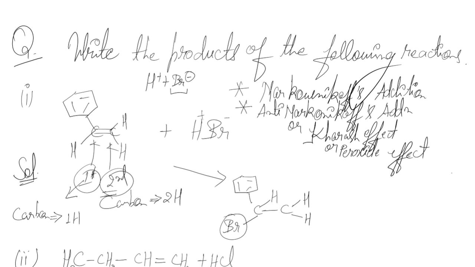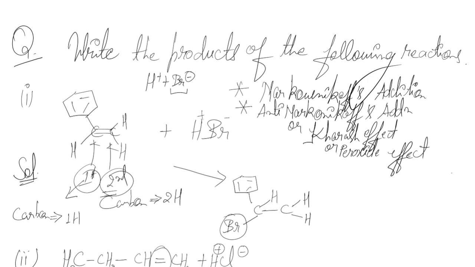Let's see the next question. This is the alkene, with the unsaturation. The chloride negative and H positive, so this Cl negative will attack a carbon. Which carbon? It will attack the CH, because it has the lesser number of hydrogens.